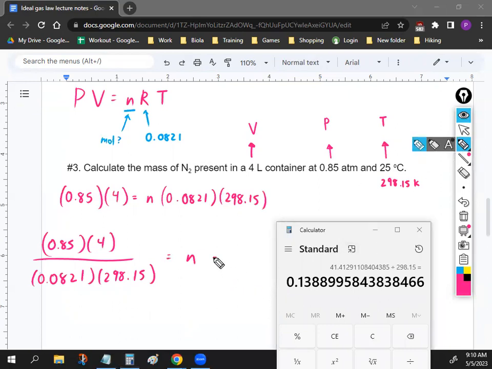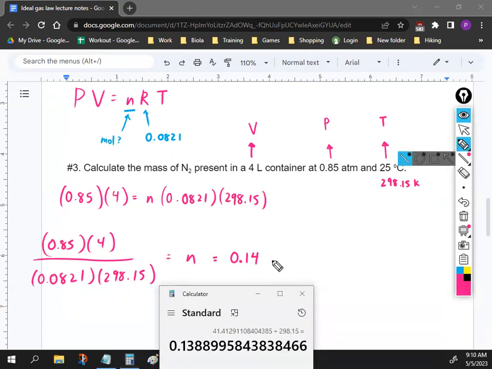So we get 0.1, I'm going to round it up to 0.14. If you want to keep it at 0.138, 0.139, that's totally fine as well. Okay, and that's going to be moles of N2. All right. Any questions on that part? Hopefully not too bad.